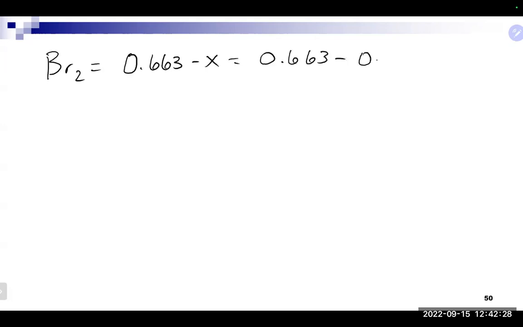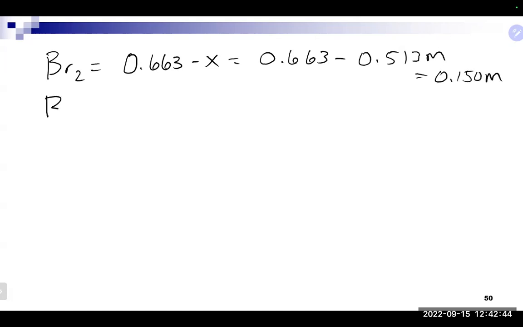And if we do that for Br2, it was 0.663 minus x, which is 0.663 minus 0.513 molar, going to get us 0.150 molar.